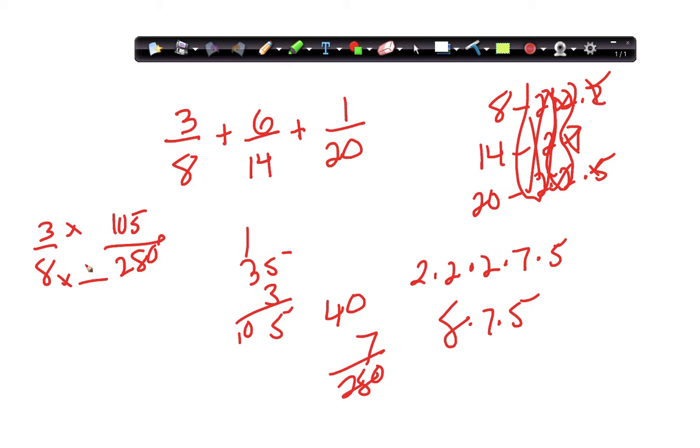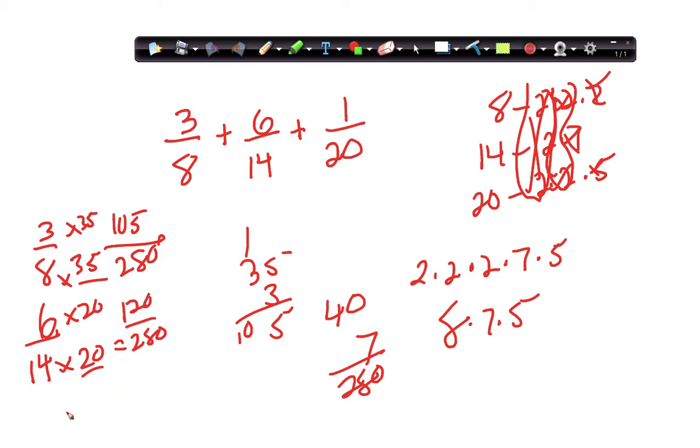So that was times 35. That makes sense, 105. And then we're going to take 6/14, okay, times 2 and 7. So we're going to multiply that times 20. Times 20 equals 280. See how I'm figuring out that 20?